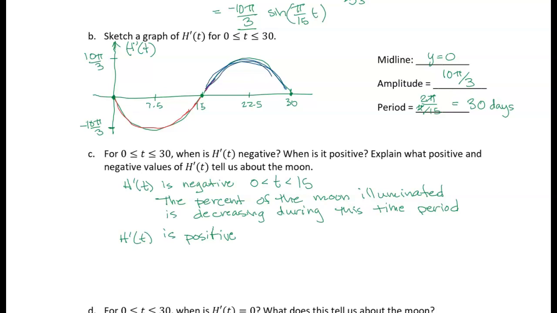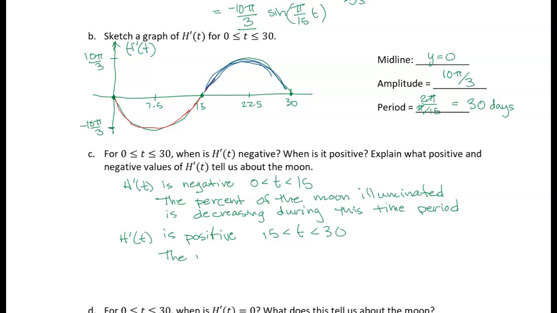Okay, so between 15 and 30, the derivative is positive, right? So that's telling us that the percent of the moon illuminated is increasing.